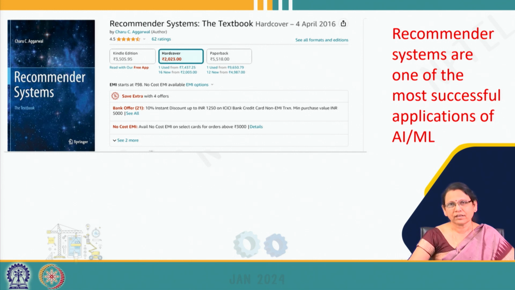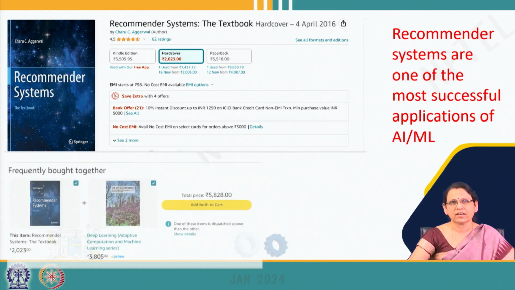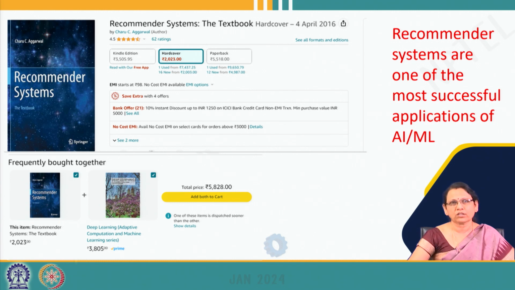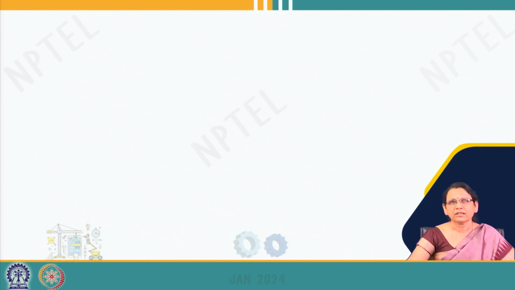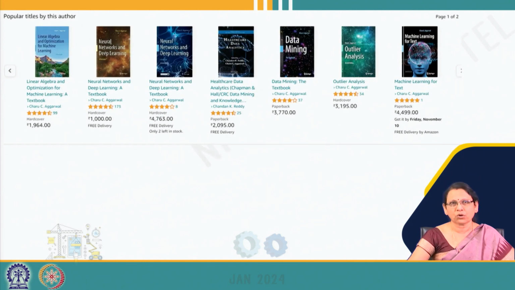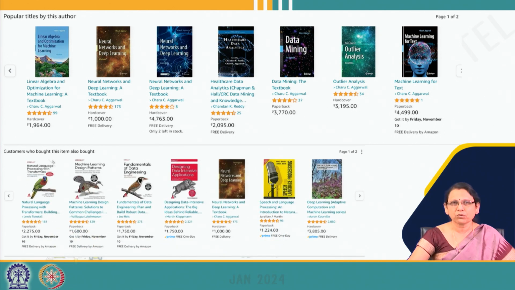Now look at this. I tried searching for the textbook on recommender system. It is by Charu Agrawal, and when I searched for it, I got the other books which are frequently bought together. I also got to know the other popular titles by the same author, and what other books the people who are buying this book typically buy.